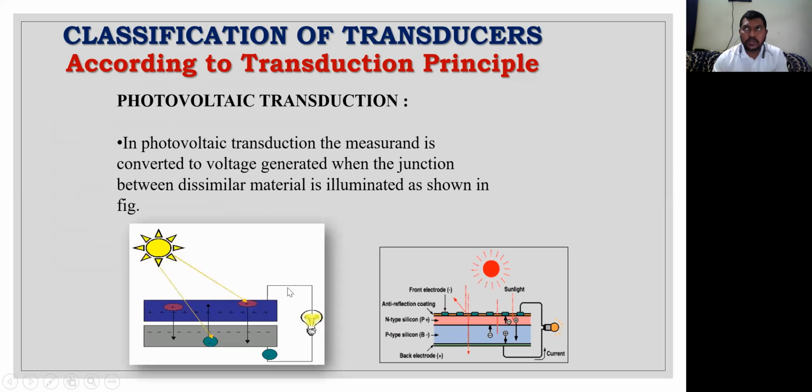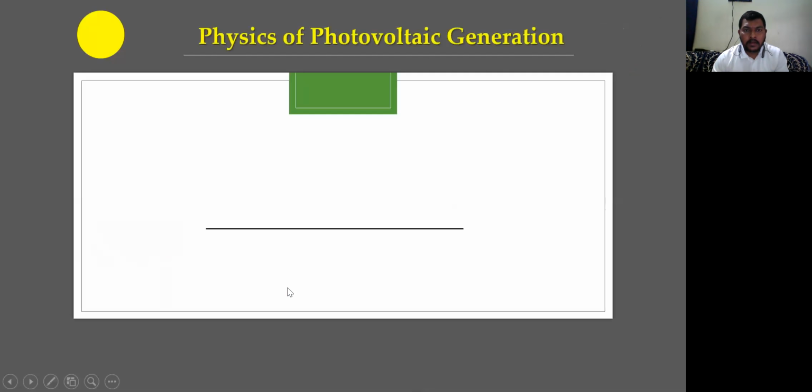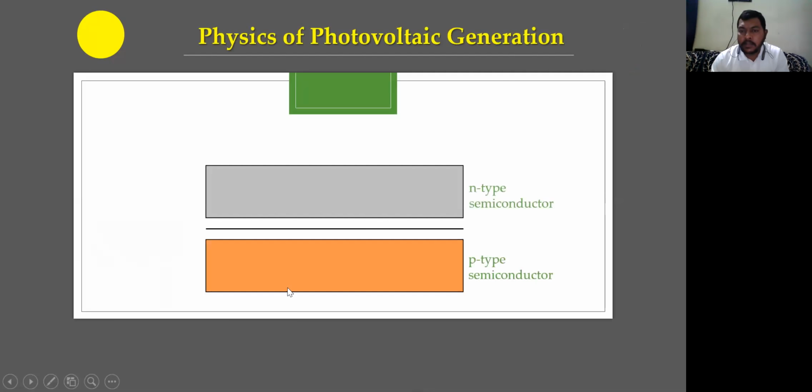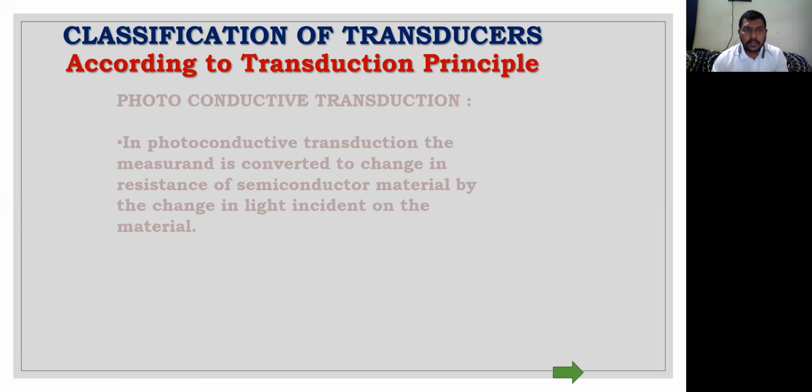Photovoltaic transducers are solar cells, and this is the basic concept of how a solar cell works. We have N-type and P-type semiconductors, and this is how electricity is generated.